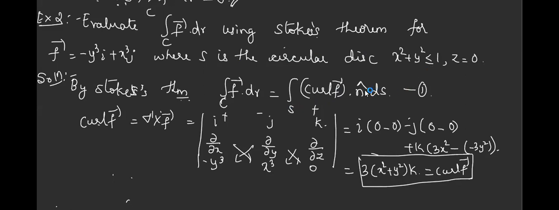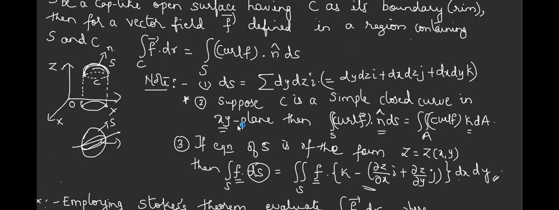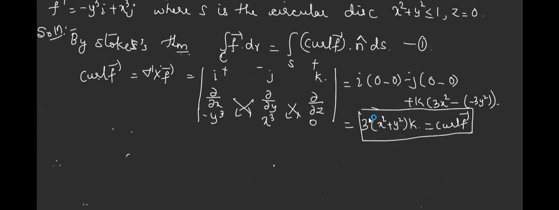So what is the value of n cap we have to take? Suppose the curve is lying in the xy plane. What is the value of n cap? n cap is directly taken as k cap only.